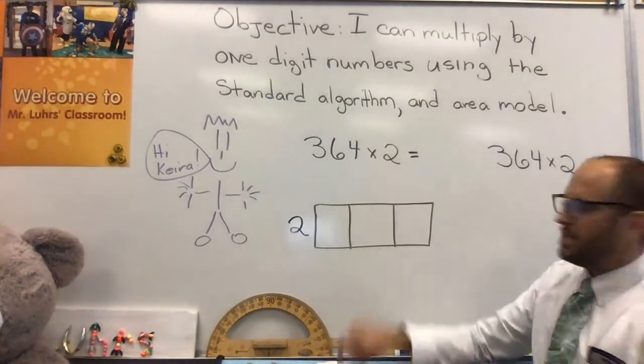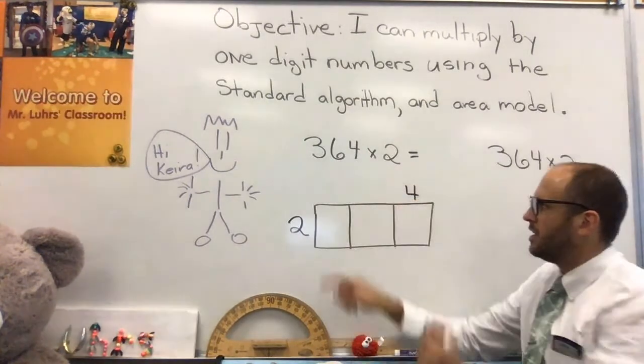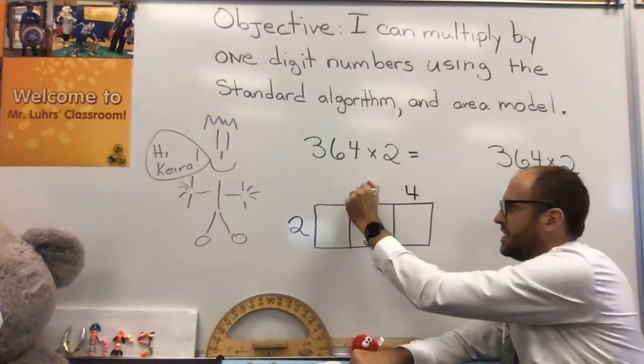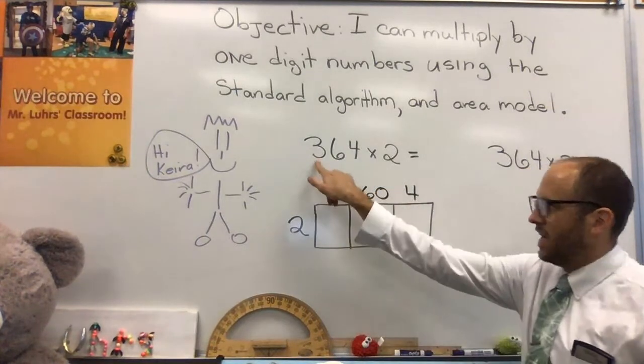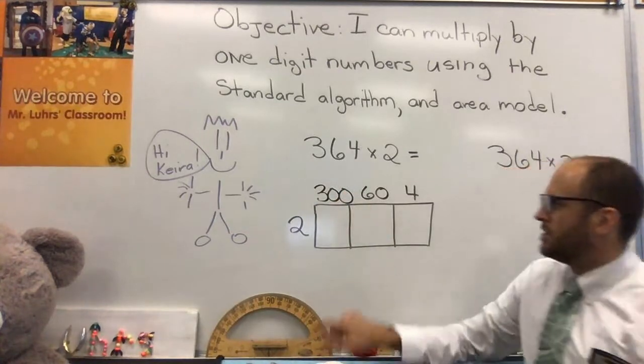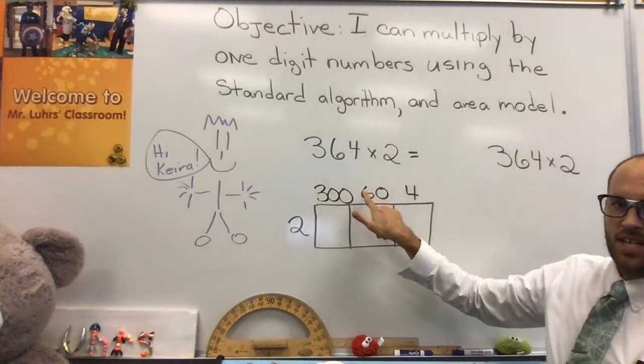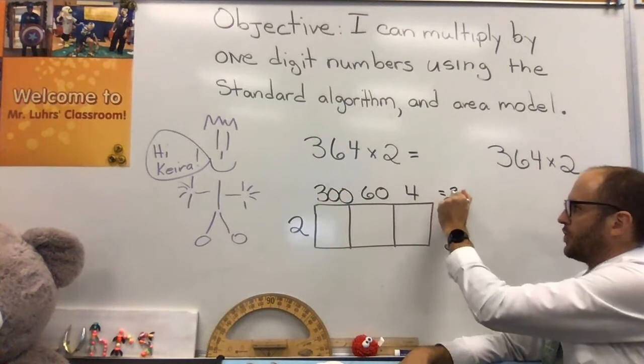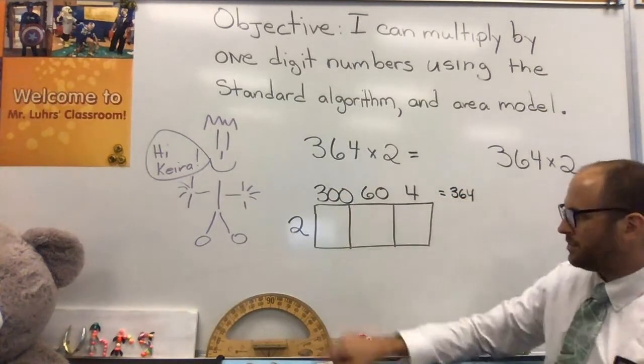So 4 ones, I'm going to put a 4 here. 6 tens makes this a 60, and 3 hundreds. So that way 300 plus 60 plus 4 should equal 364.